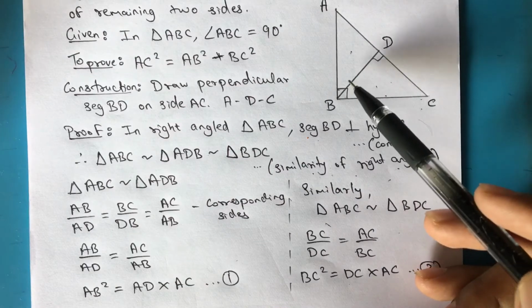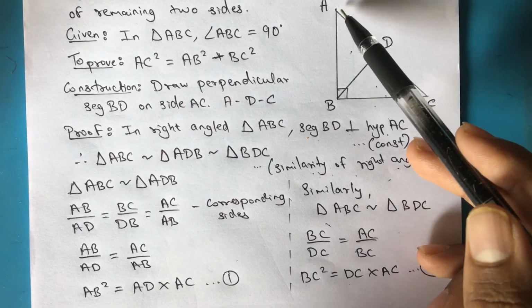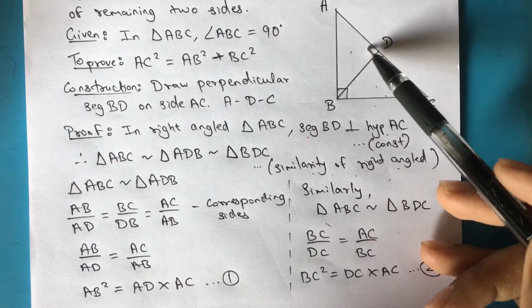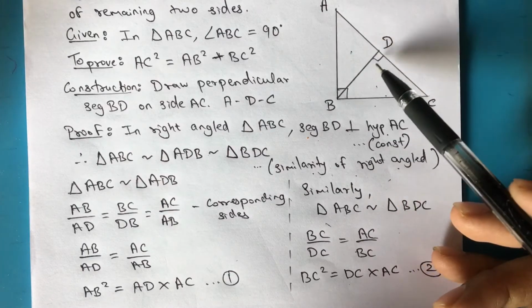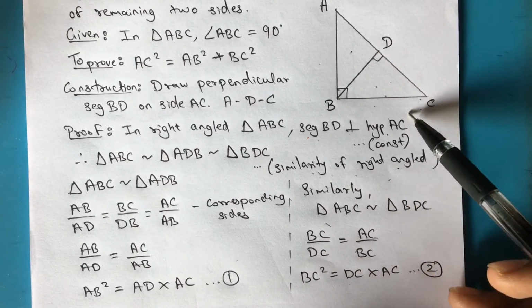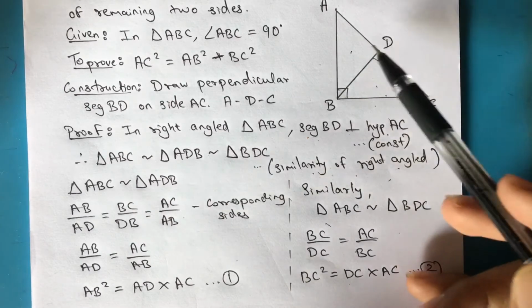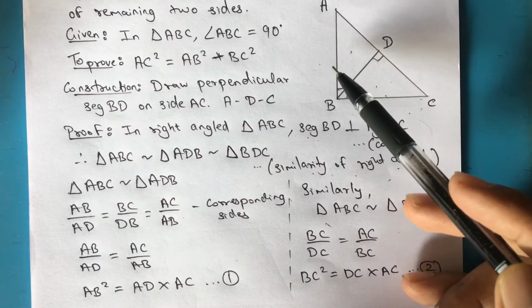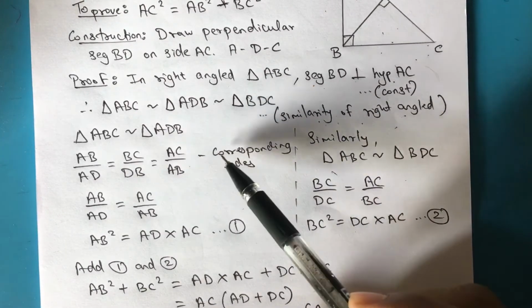See, these are the corresponding sides. These are the sides of the right angle, and in this triangle the right angle is here. So AD is corresponding to AB, BD is corresponding to BC, and hypotenuse AC is corresponding to the hypotenuse AB of this triangle. These are corresponding sides, right?